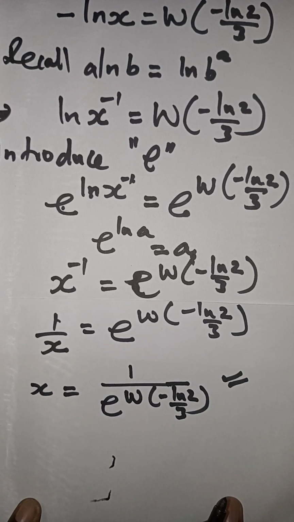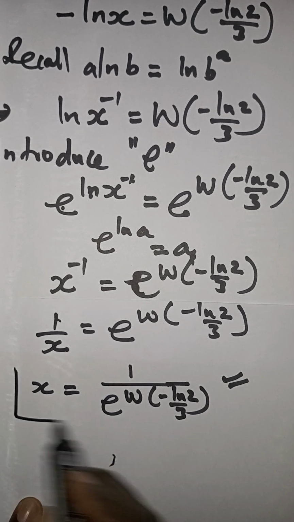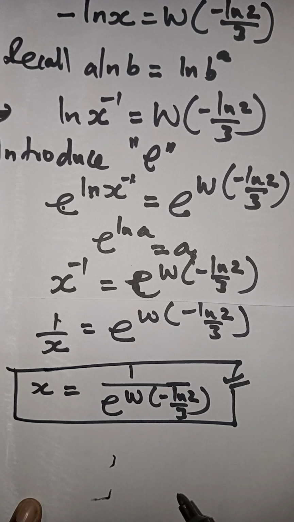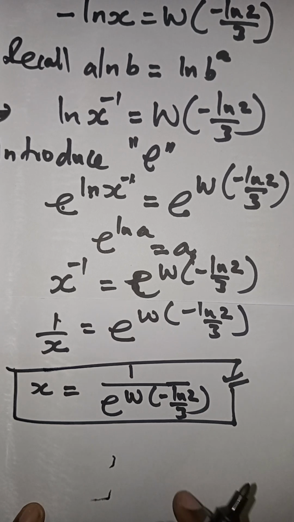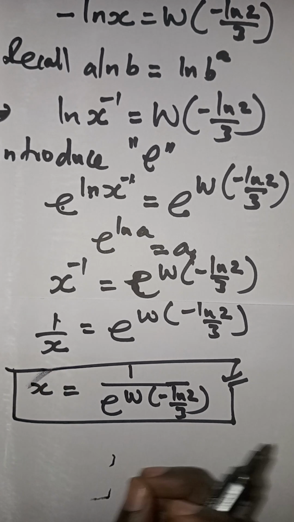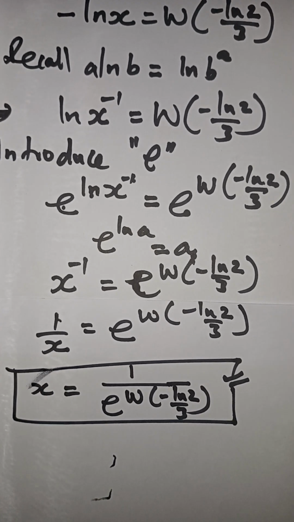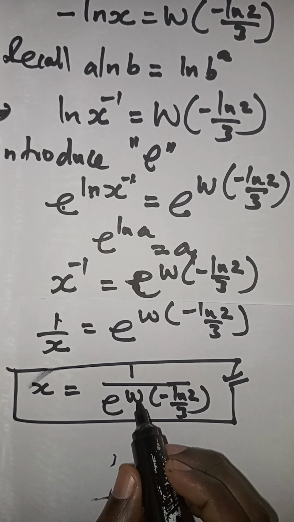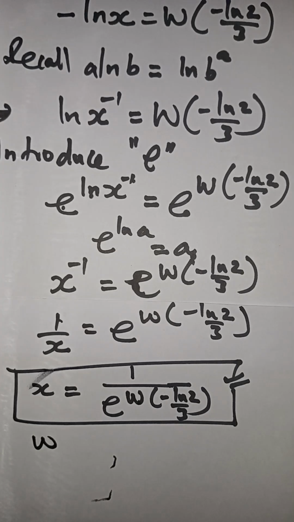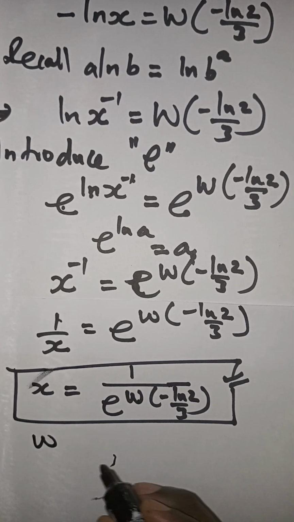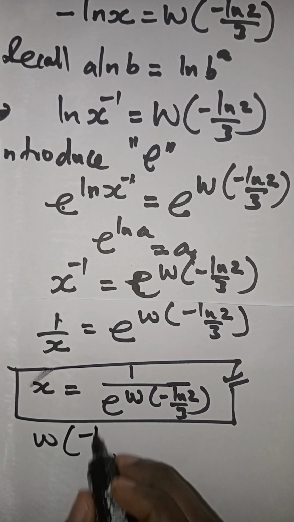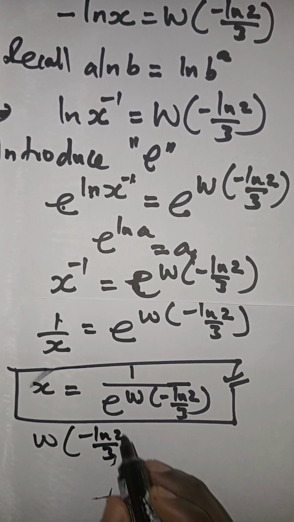We can go further and simplify this particular expression using our scientific calculators. So simplifying this using our scientific calculator, I know that the Lambert function W of this, I'm going to get the W of the natural log of 2 divided by 3.